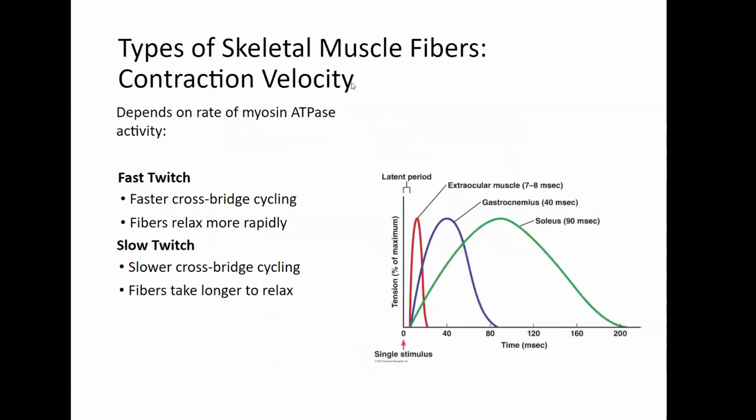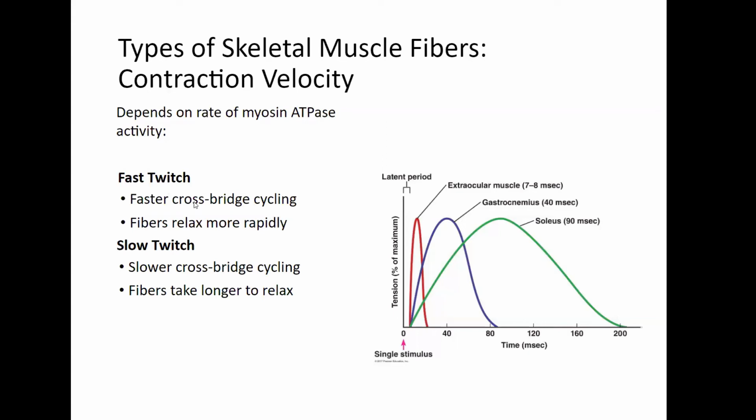So we're going to be contrasting fast twitch and slow twitch fibers. This is dependent on the rate of the myosin ATPase activity, right? So hydrolyzing ATP, breaking it down to ADP and a phosphate ion to get the energy out of that bond.